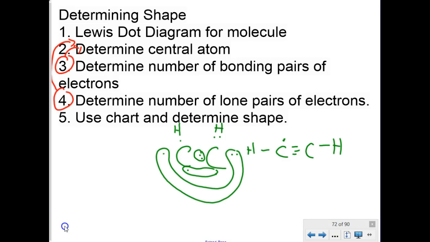This is a linear shape, and this bond will be 180 degrees from this bond. Try E if you have not already done so.